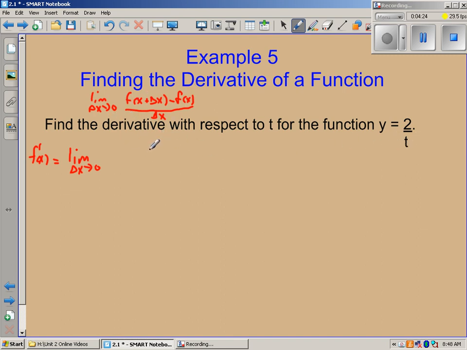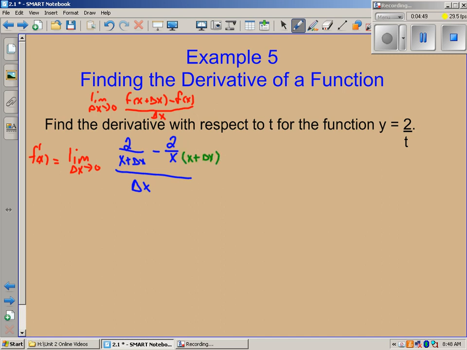So I'm going to say my function is 2 over x plus delta x, and then my other function is just 2 over x. All of this divided by delta x. So this is kind of an ugly numerator, but basically what ends up happening here is we got to get a common denominator to add these together. So this guy over here, the x, is going to get multiplied by x plus delta x, top and bottom.